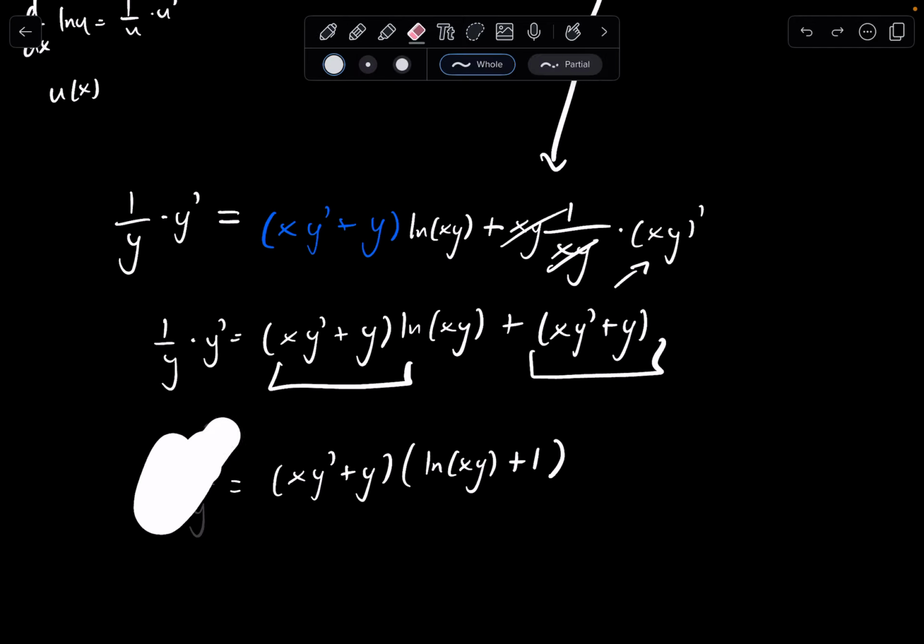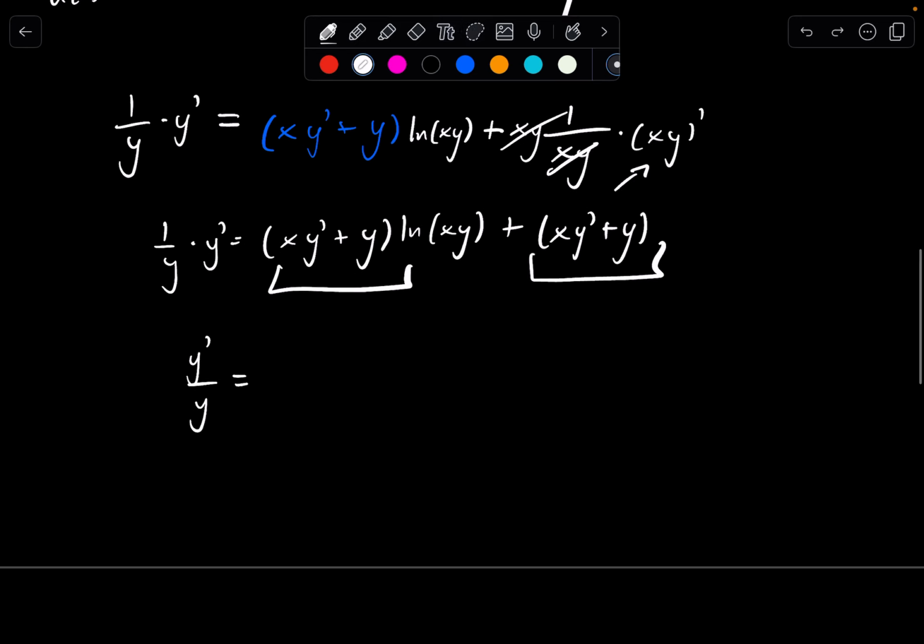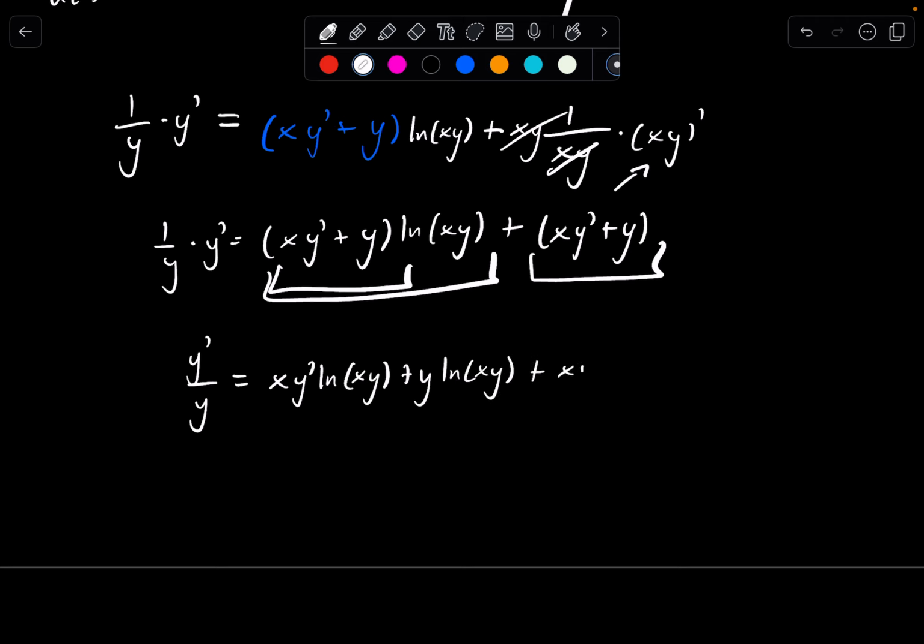Instead of this approach, we're going to keep our y prime over y over here and expand this out so we can eventually get y prime. By multiplying these together, we have x y prime ln xy plus y ln of xy plus x y prime plus y.